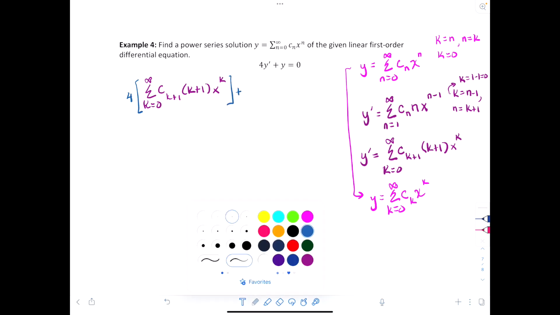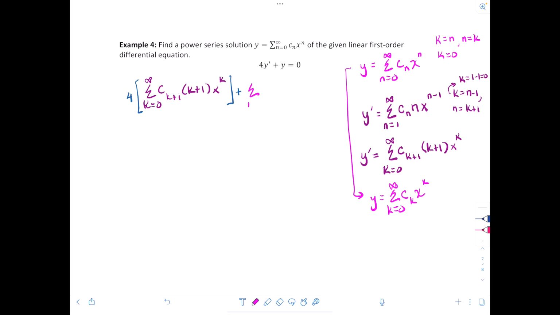Well, what was y? Y was the summation as k goes from 0 to infinity of c sub k times x to the k. Groovy? And then all of that has to equal 0.